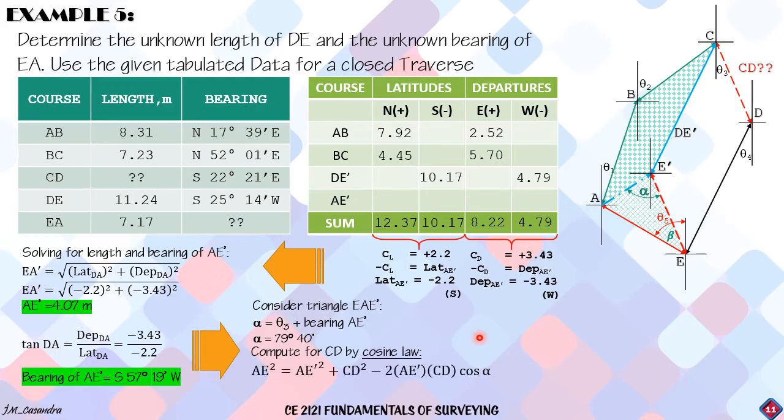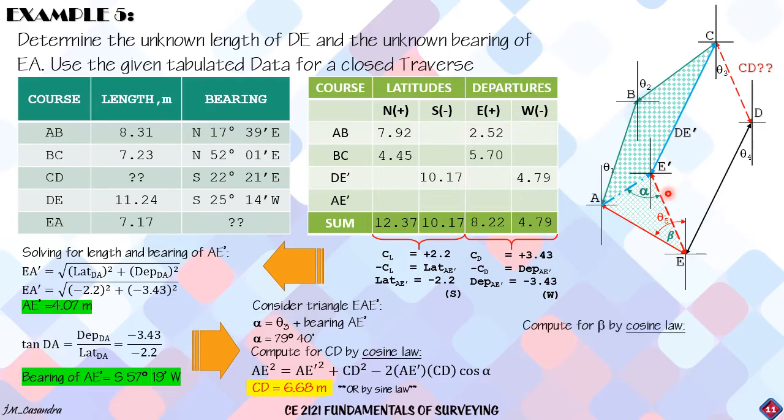So by cosine law, we have AE squared is equal to AE prime squared plus CD squared minus 2 AE prime CD cosine of alpha. From here, we can solve for CD as 6.68 meters.